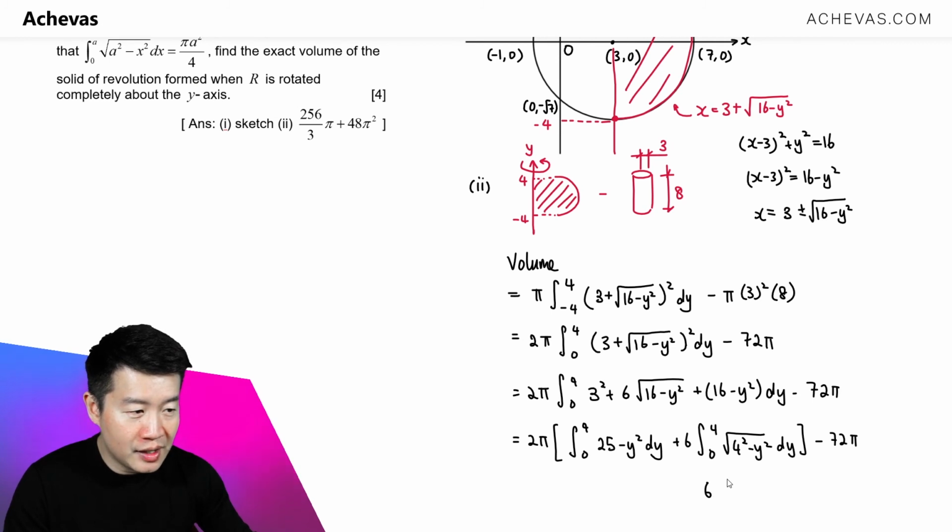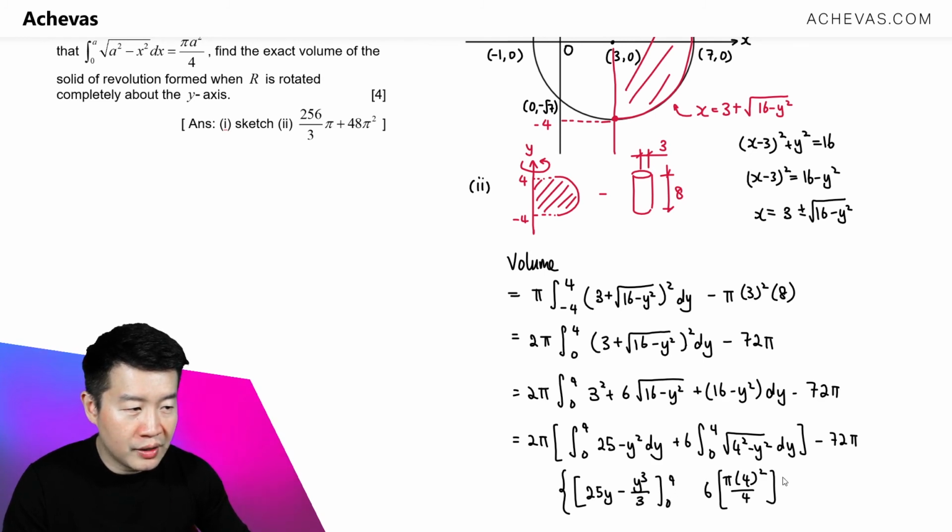So it will be 6 multiplied by pi times 4 squared divided by 4. And this is an easy integration. It is going to be 25y minus y cubed divided by 3 from 0 to 4. So we will have this, and we will multiply this by 2 pi and minus 72 pi.